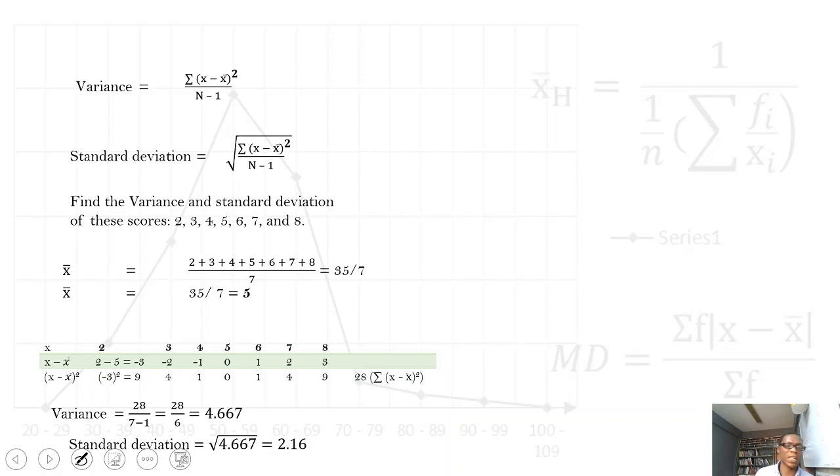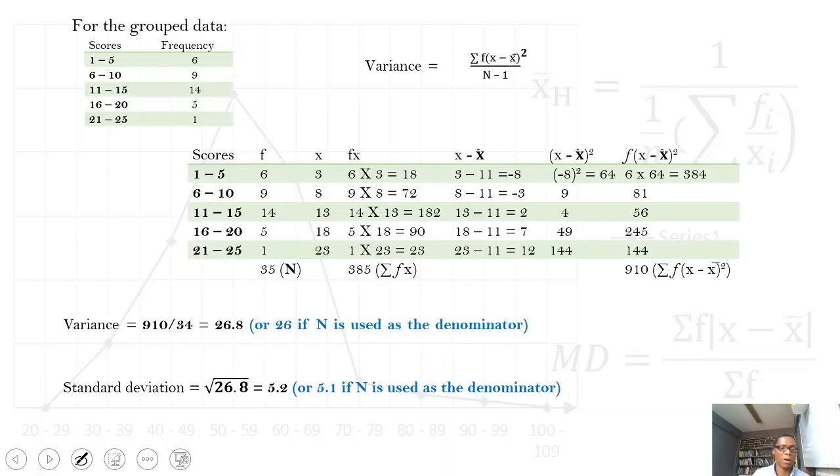So for the variance, we will use the formula summation into brackets x minus x bar raised to power 2 divided by n minus 1.